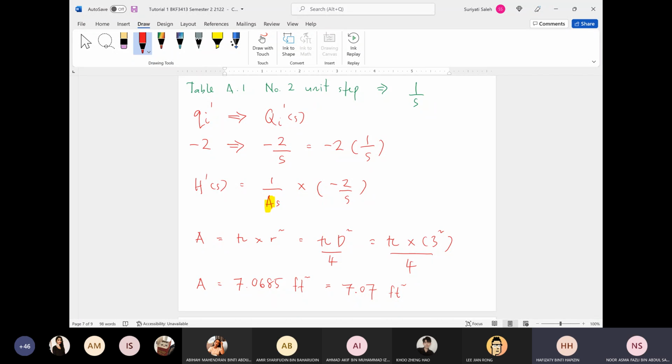For standardization, at least maintain 2 decimal points for your answer. Do not round it off to become 7, then you will be wrong. The acceptable range is between 2 and 4 decimal points. In this case I use 4 decimal points, so your answer should be 7.0685.